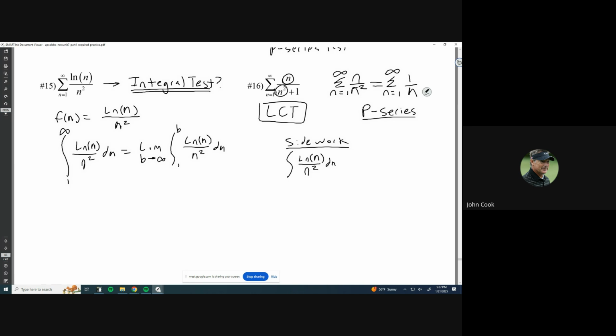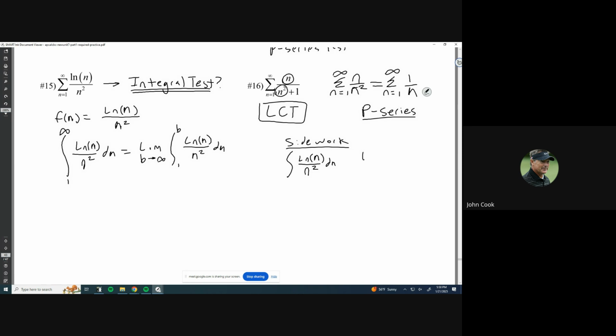Since I have that natural log there, I'm going to have to use integration by parts. If the natural log was really easy, like if it was 1 over natural log n or something like that, something we've seen a lot of, we could use a u sub, but a u sub is not going to be helpful in this case.